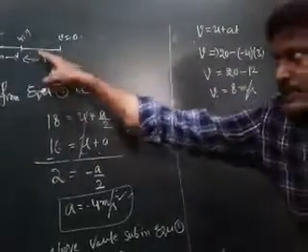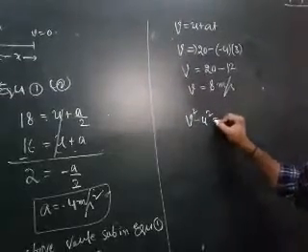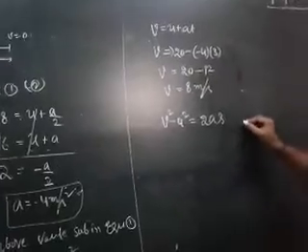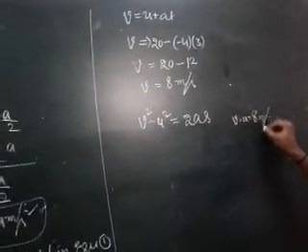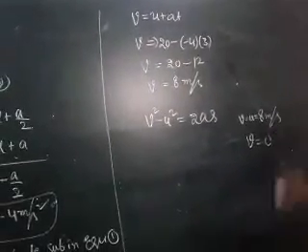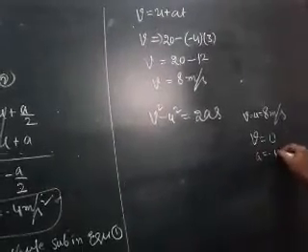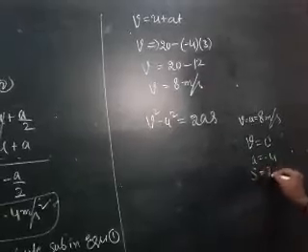Then to find the final distance covered we use v square minus u square equal to 2as. Here the initial velocity u is equal to 8 meter per second. After reaching the final point, the final velocity becomes 0. Then acceleration a is equal to minus 4. We can find s. S is the question mark.